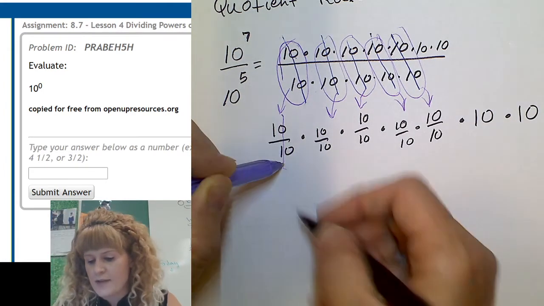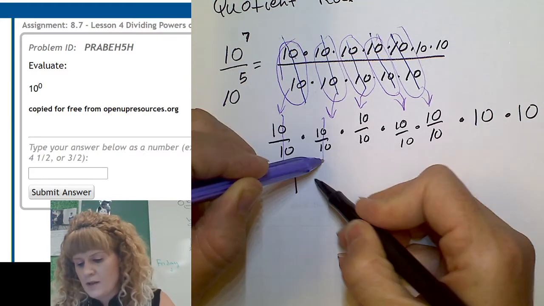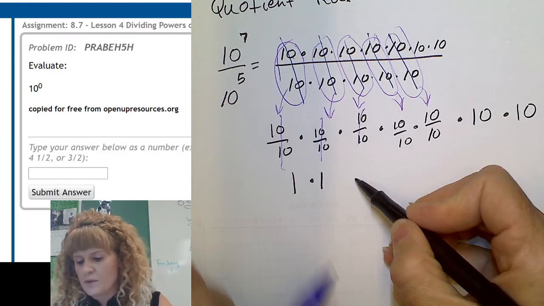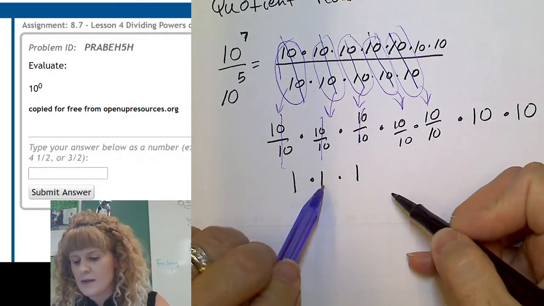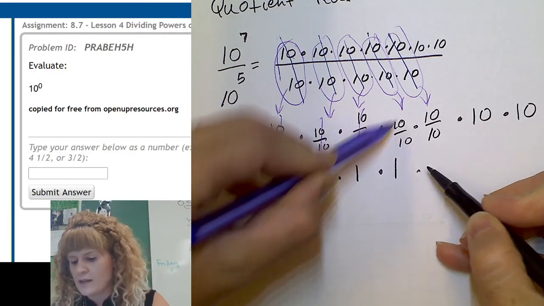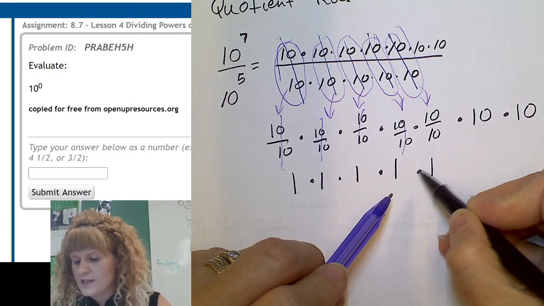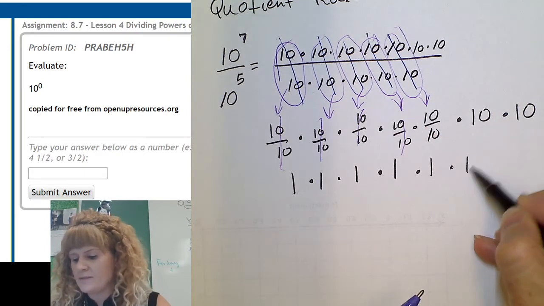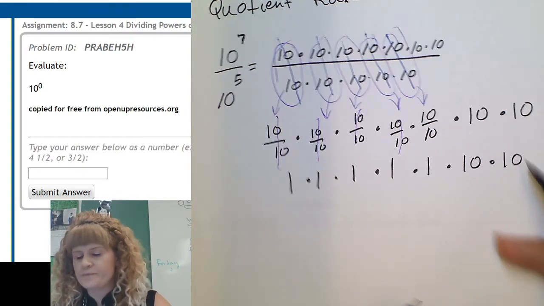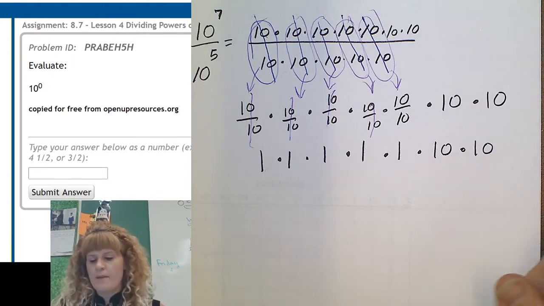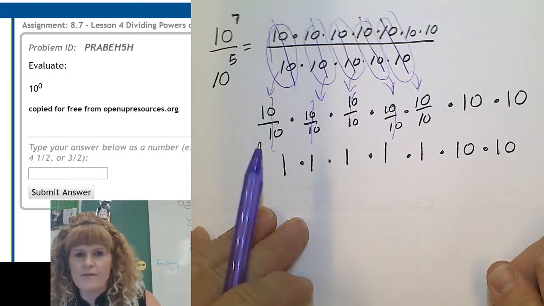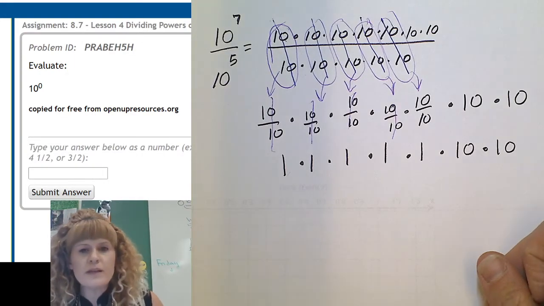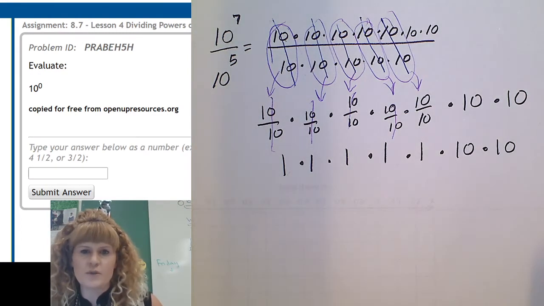That cancels out. So that's 1. This equals 1, and this equals 1. So that's 1 times 1 times 1 times 1 times 1 times 10 times 10. Please follow along on your paper. I want you to show this to yourself on your paper so that you believe it's true and it feels natural to you.